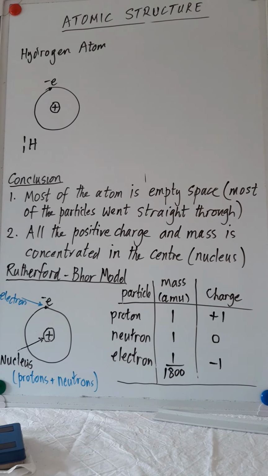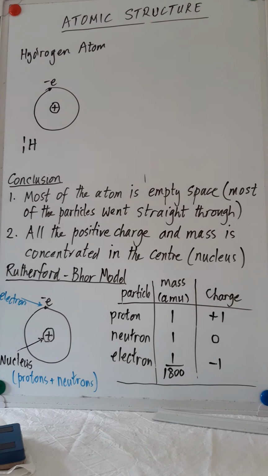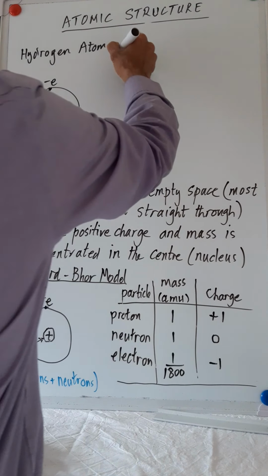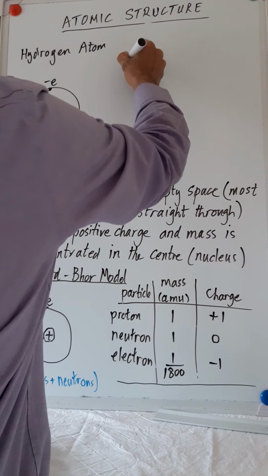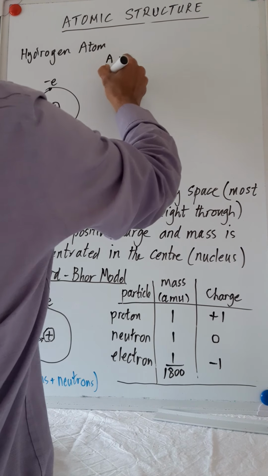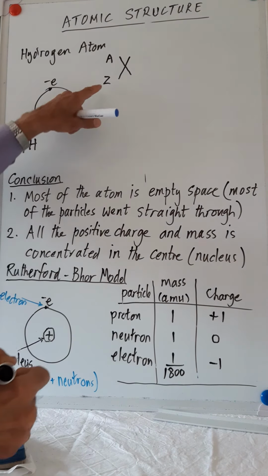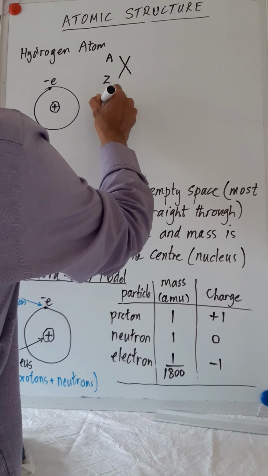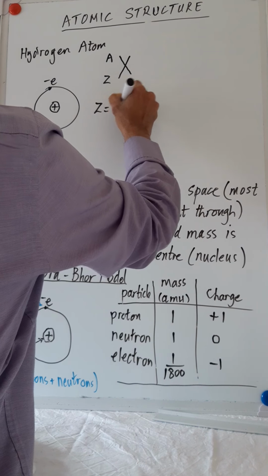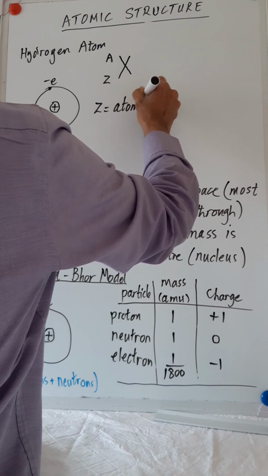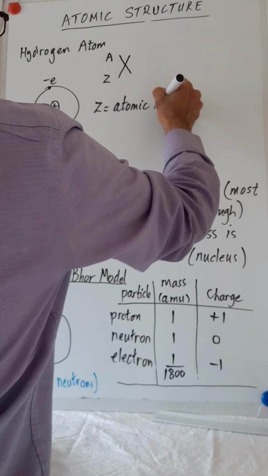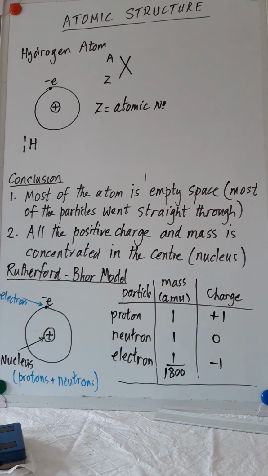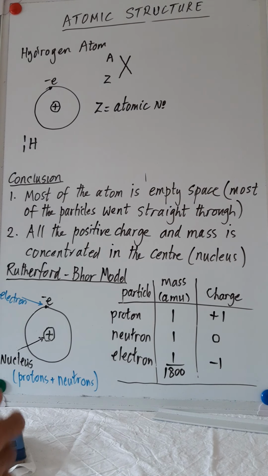Now any element can be written as X, with A and Z. Now Z stands for the atomic number, Z is equal to the atomic number, and this is equal to the number of protons.